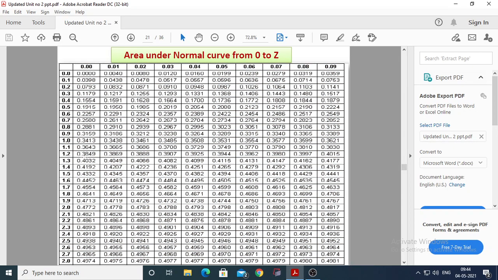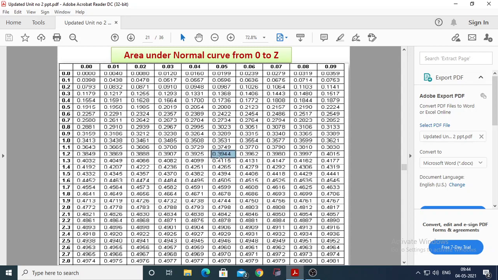Then 5. Check the column for 5, where is 0.05. Where is the 2? This one. And where is the 0.05 column? This one. Means you will get 0.3944.